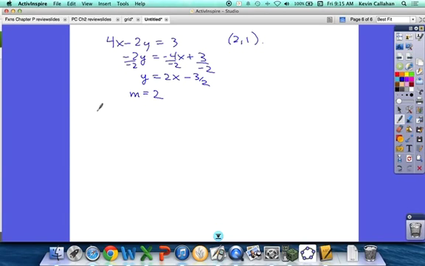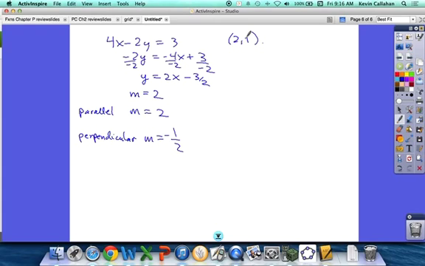So a parallel line would have a slope of m equals 2. A perpendicular line would have a slope of -1/2. Opposite sign, flip the fraction. Once you know that, you're using this point and the appropriate slope in point slope form, as we already have.